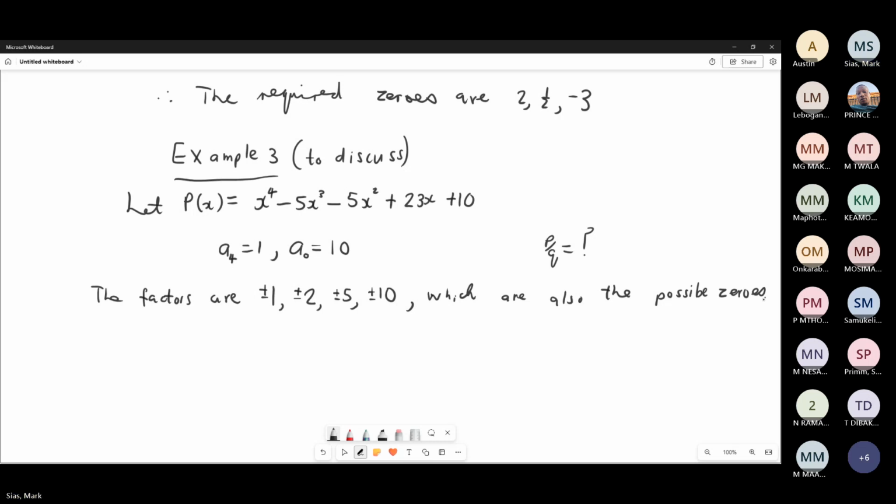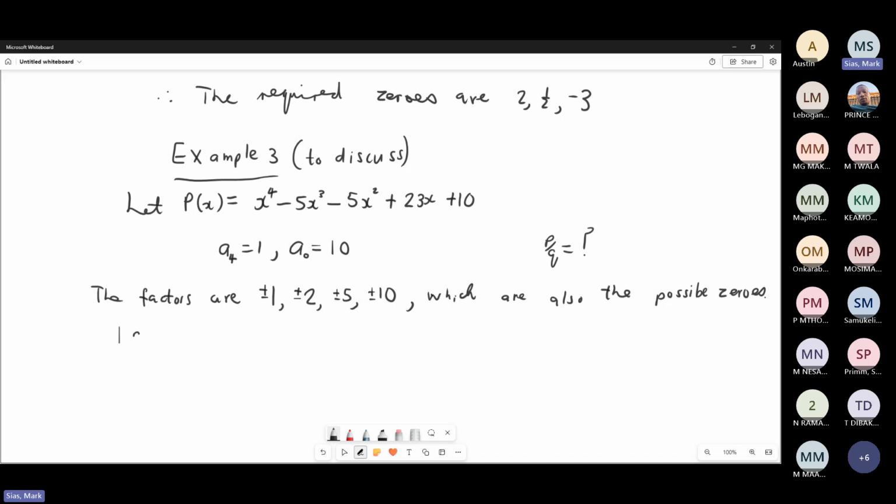Of course, you can try and establish what the zeros are, and you'll see that 5 is a zero. You can start with 1 and 2, substitute them into P of x, and you'll see that they're not zeros. However, if you substitute 5, you'll see P of 5 is equal to 0. So therefore, x minus 5 is a factor.